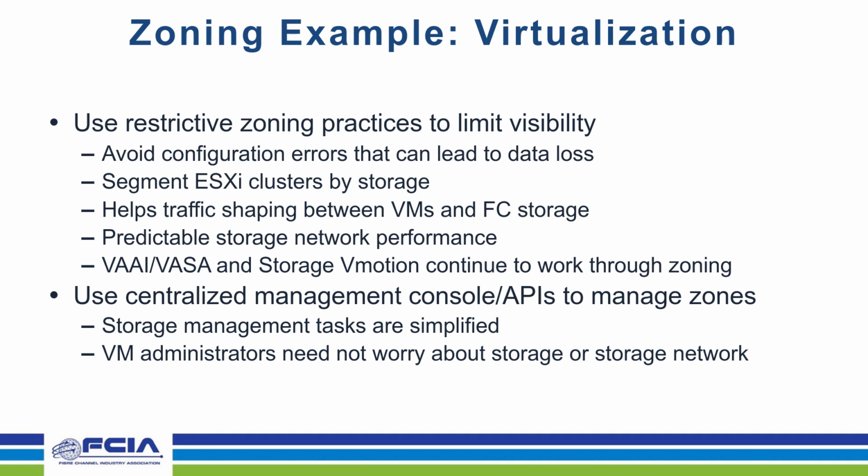So not every ESX server is used for the same function. Many times you will have some ESX servers reserved for one function versus the others, right? So you can use that to guide your zoning practices. You can create zones that are divided by function, divided by applications that are being used. If you have, say, databases or SharePoint or whatnot, whatever applications are running on certain clusters, limit the visibility of the volumes to that cluster.